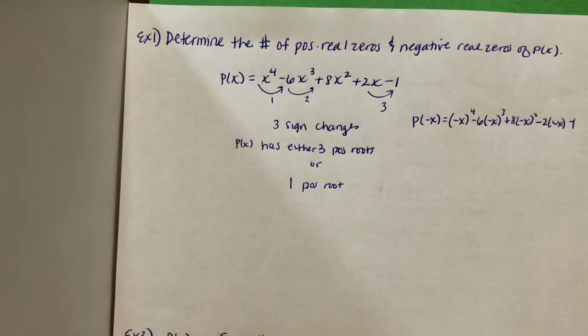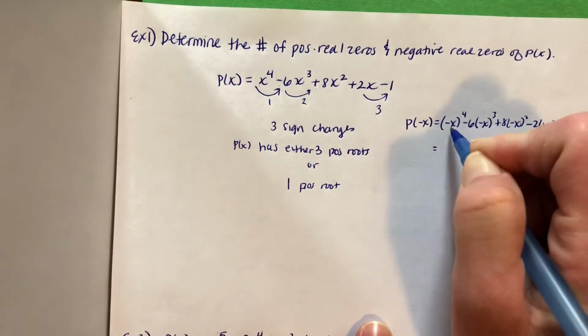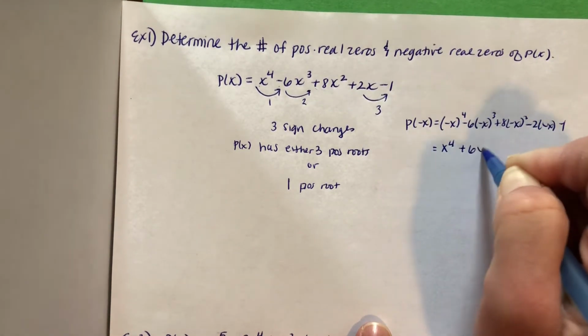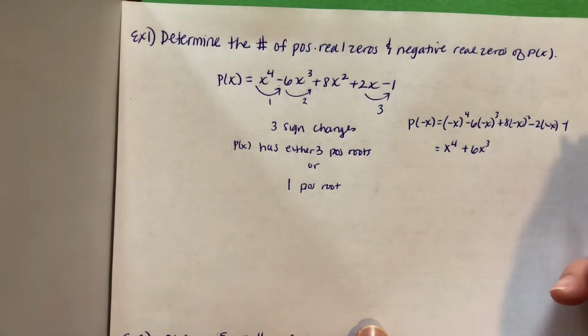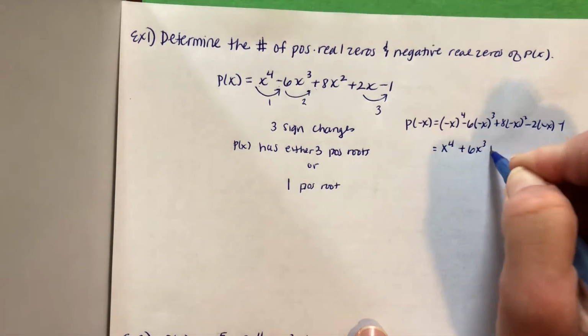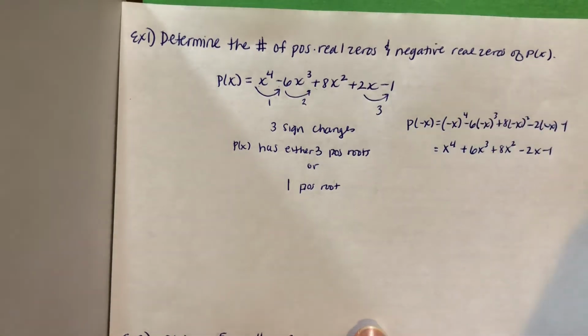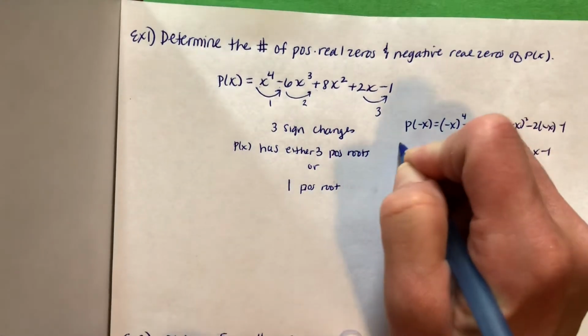We have to first evaluate that out. So this will come out to positive x to the 4th plus 6x cubed plus 8x squared minus 2x minus 1. So there's our p of negative x.